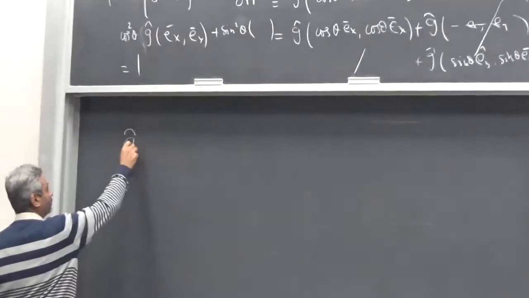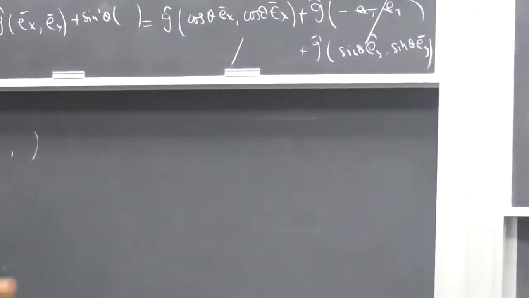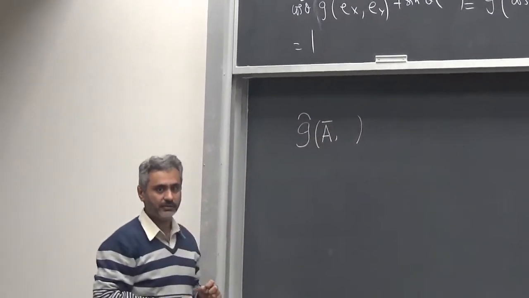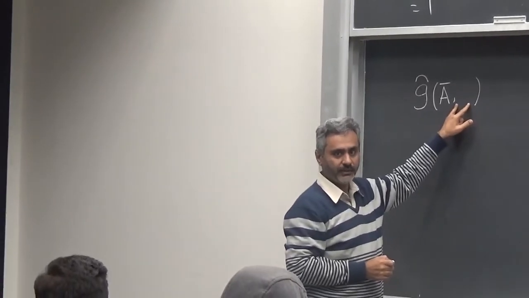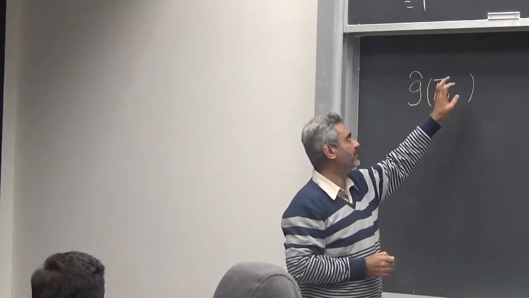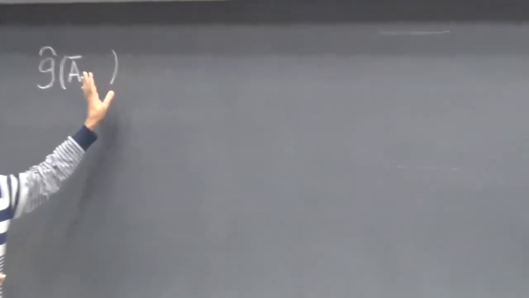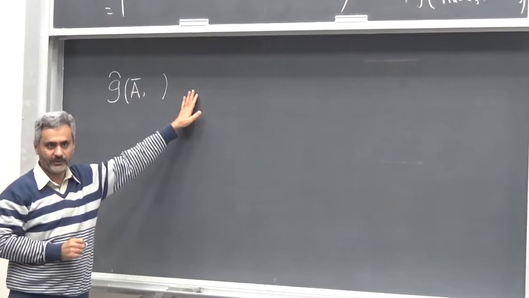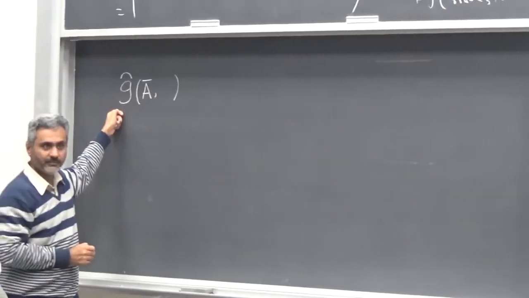If you give me the metric, it has two slots, right? If I put a vector in one of these slots, the other slot is still empty. If I put a vector in the other slot, it gives me a number. But what is the property of a one form? You give it a vector, it gives you a number, and it's linear. So this whole thing is a one form.